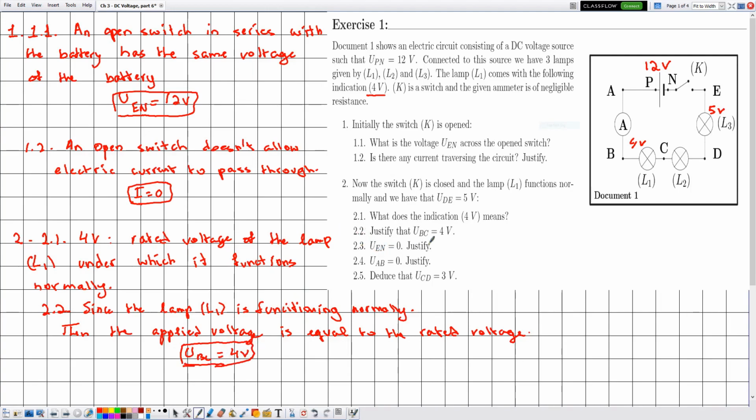Now in 2.3 they are telling me UAN is equal to 0. So here let me close the switch, because in number 2 they are telling me now the switch is closed. Now let's continue. In 2.3 they are telling me UAN is equal to 0, justify.